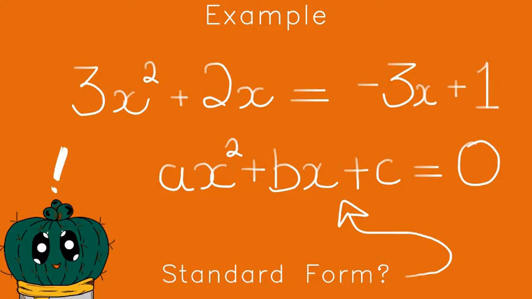The way you make a quadratic equation into its standard form is by having all of the variables and the constants on one side, in this case the left hand side. When you bring everything to the left hand side, you're left with 0 on the right hand side. So this is what we are trying to achieve.